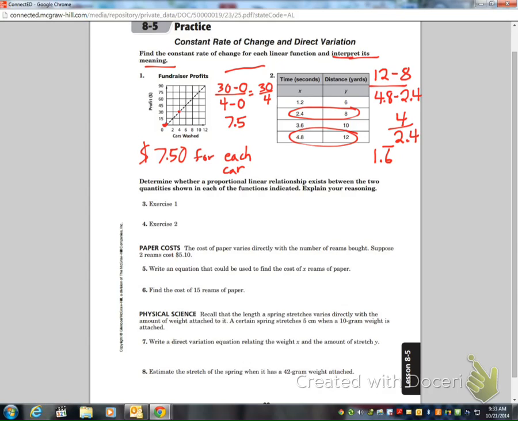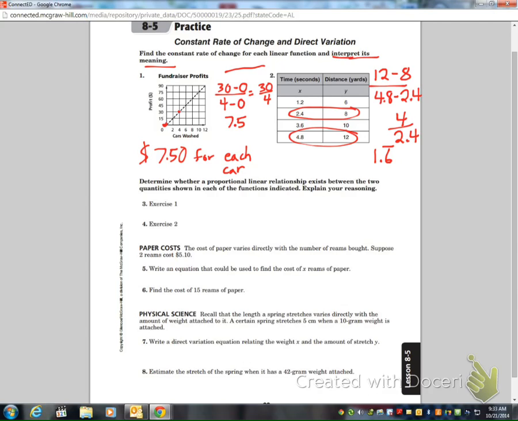So, what does that mean if I interpret that? 1.6 is a distance, right? Compare our y values, 1.6, to the time, which if we're finding this, it's per 1.